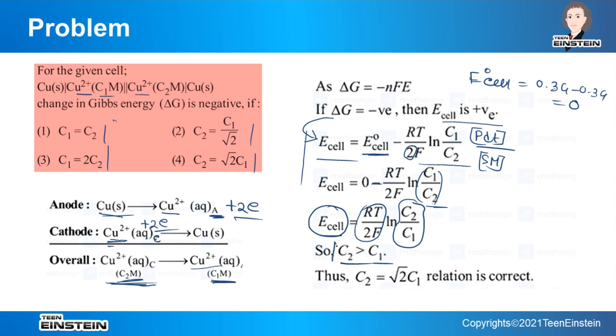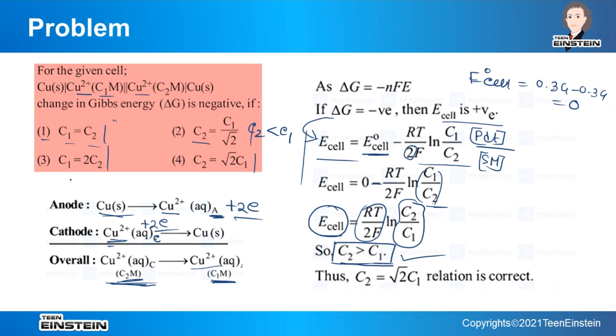Now we have found that C2 is greater than C1, but we have not established any exact relationship between C2 and C1. We only know that C2 is greater than C1, but this information is enough to choose which option is correct. In the first option these two are the same, which is not possible according to this condition. In the second option C2 is C1 by root 2, that means C2 is less than C1, which is again wrong.